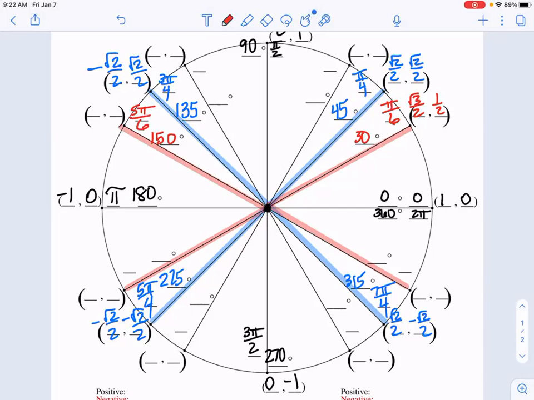Pi over 6, right? All right. So if we put our triangle here in the second quadrant, it looks like we're going to have to travel left the distance of radical 3 over 2 and then up the distance of 1/2 to get to this coordinate. So we are negative radical 3 over 2, comma, positive 1/2.